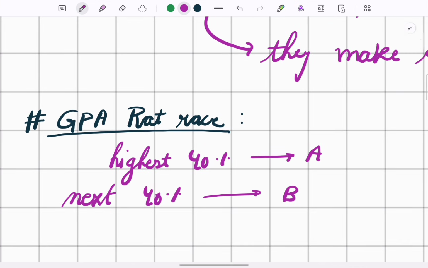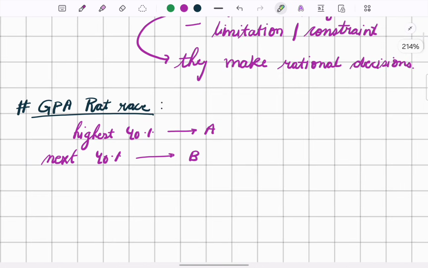Now it does not depend on the highest scorers being only those who score 100 on 100. This is the scenario where any highest scorer will get the A grade. Even if the highest score is 10 out of 100, he will get grade A, and even if the highest scorer is 100 on 100, he will also get grade A. So in that scenario, the classmates agree to not work hard.